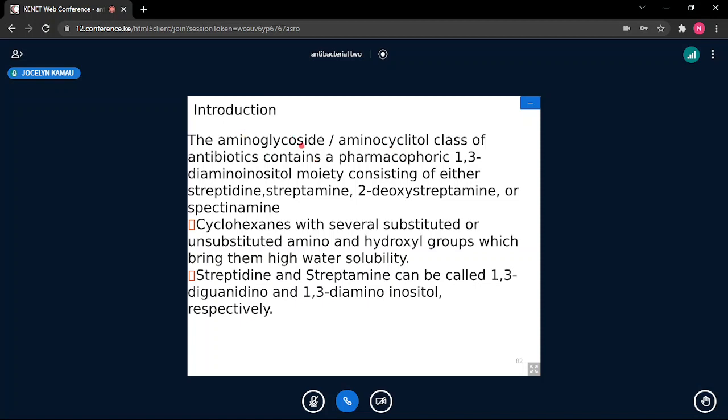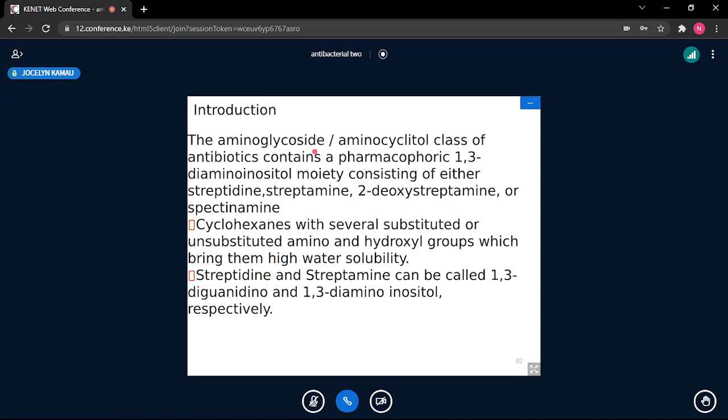The aminoglycoside or aminocyclitol class of antibiotics contains a pharmacophoric 1,3-diaminoinositol moiety consisting of either streptidine, streptamine, 2-deoxystreptamine, or spectinamine. The aminocyclitol is a cyclohexane with several substituted amino and hydroxyl groups, which brings them high water solubility.